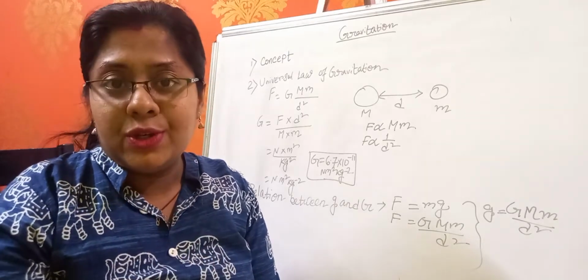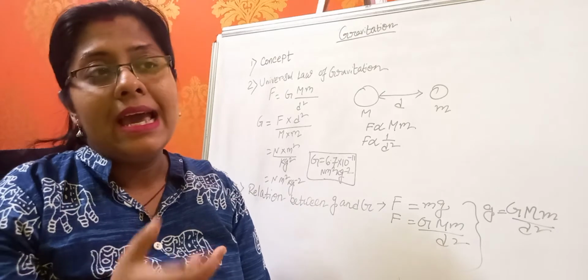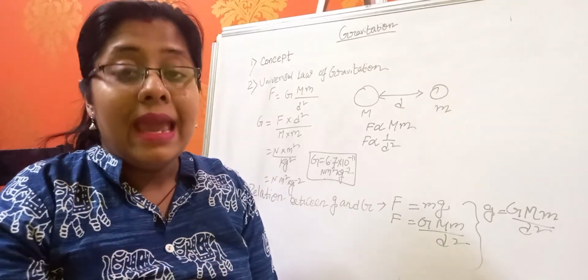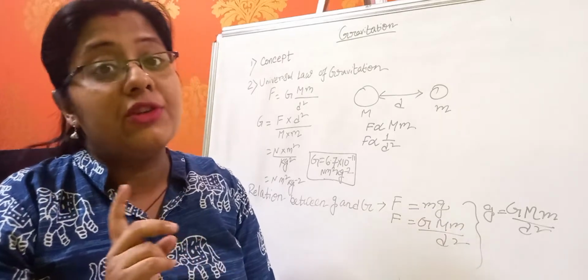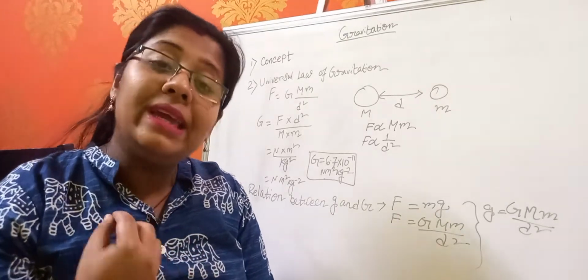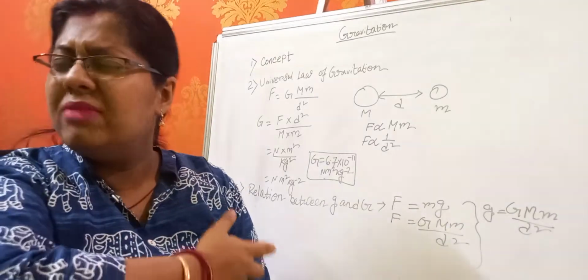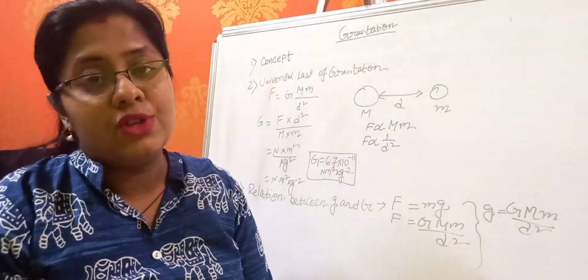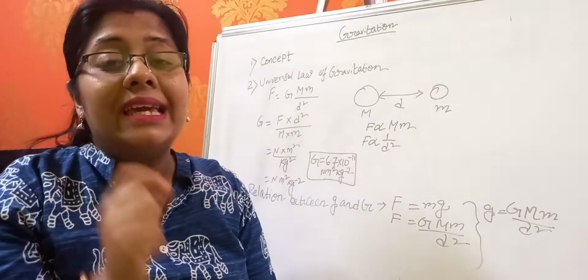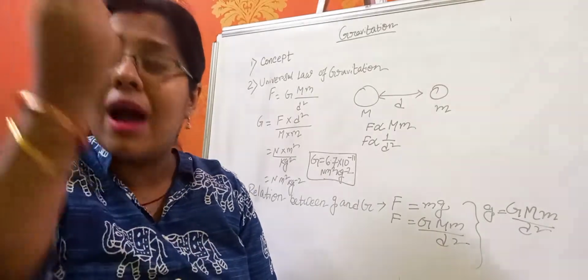What is gravitation? We can say gravitation is such a force by which any object can attract another object. So when we are throwing any pen, pencil, any substance, any object upwards, who is taking the responsibility to attract them?